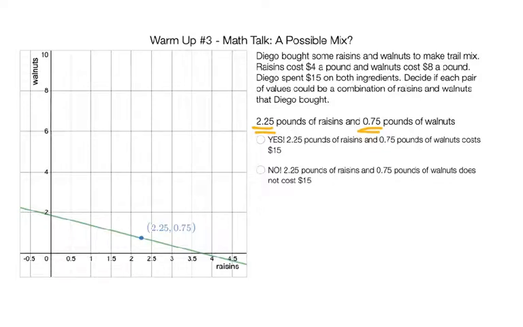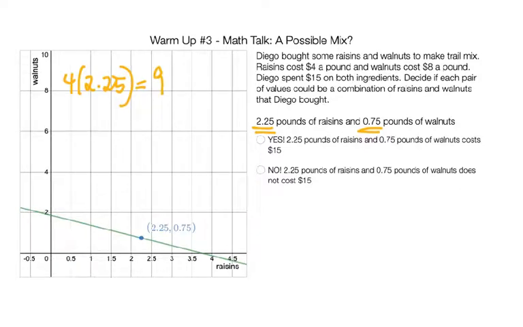Again, if I didn't know, I'd go $4 a pound, and he bought 2.25. I pull out my calculator and multiply 4 times 2.25, and that's equal to 9.